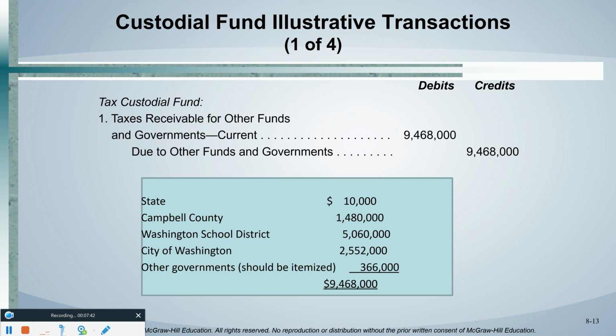That's the largest city in the county boundaries. And then, of course, we have little towns and cities. Ultimately, we would itemize this, but for presentation purposes, let's just throw it in one lump sum, $366,000. In any event, they add up to $9,468,000.